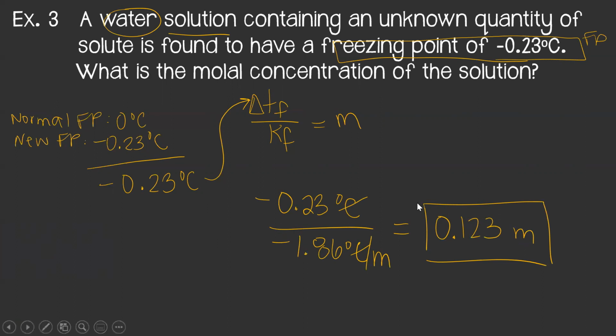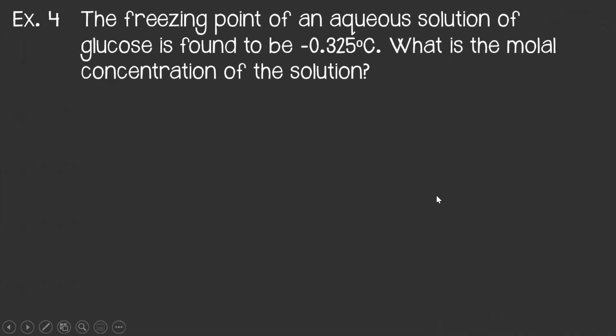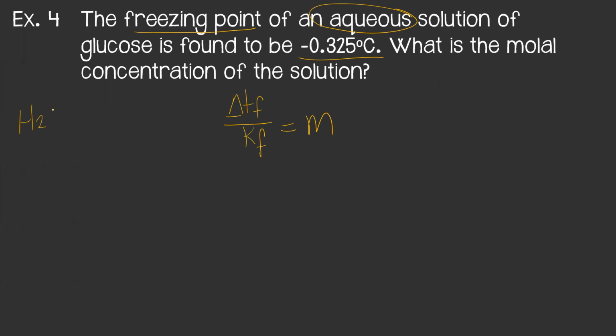Okay, try another one. The freezing point of an aqueous solution of glucose, so aqueous means water. The freezing point of this solution is found to be negative 0.325 degrees Celsius. What's the molal concentration? So once again, using this equation, find lowercase m. I'm talking about water.